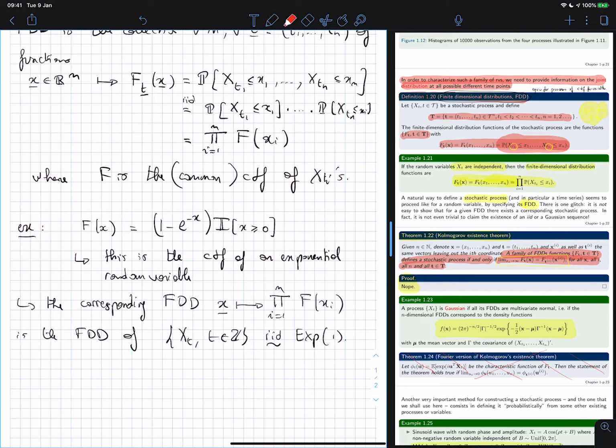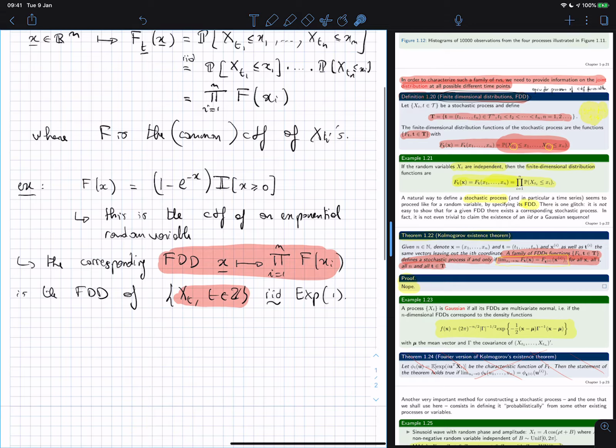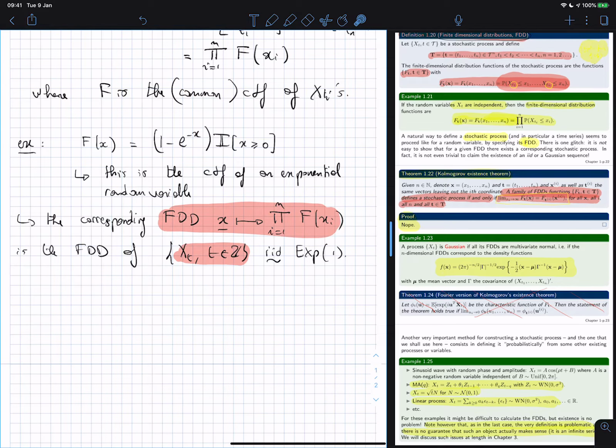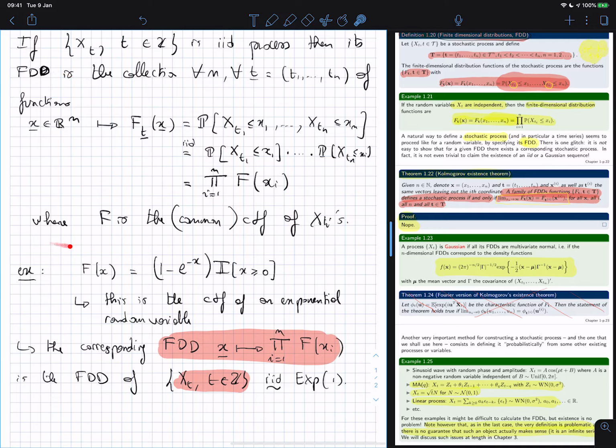So if I give myself this function here, I can construct explicitly the sequence which has this FDD. I just have to take exponential 1 random variables, and I know how to construct them.